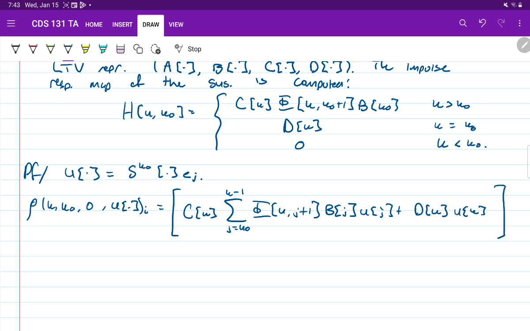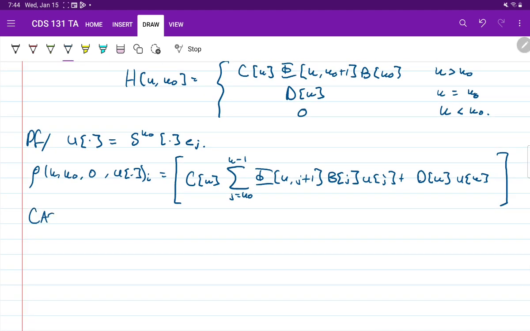Coordinate i. Now I'm going to substitute in this delta k naught times e_j. Remember, we have 3 different cases to verify. So let's start with case 1, which is the case of k greater than k naught.